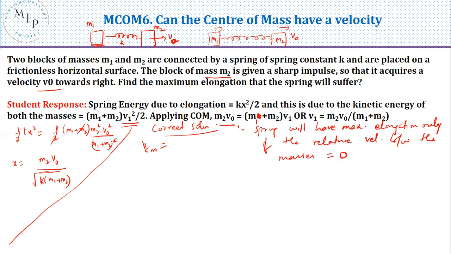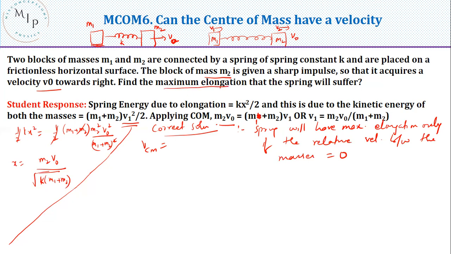Which means what? If this is moving at a velocity V1 and this is moving at a velocity V2, after some time, initially this moves like this, and this also moves slowly. Then after some time, both the masses will be moving at the same velocity. In that case, the elongation will be maximum. That is what we need to look at.